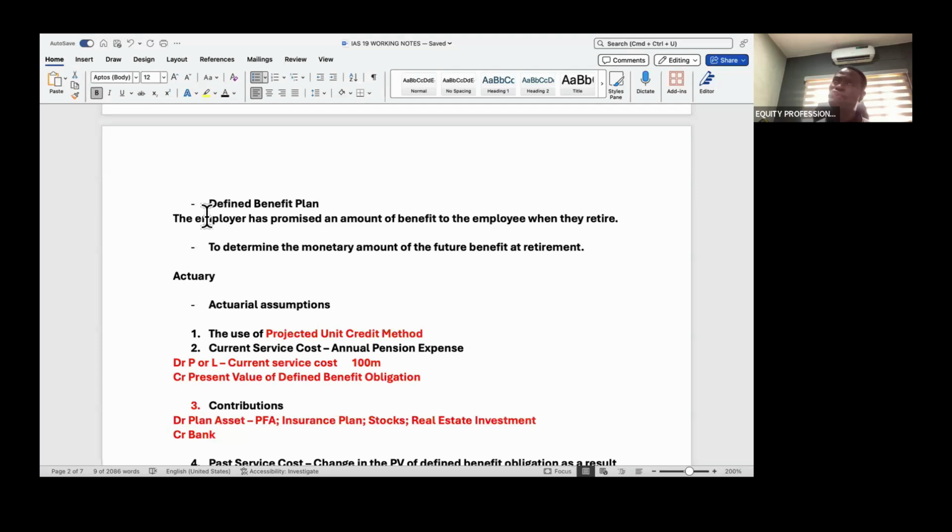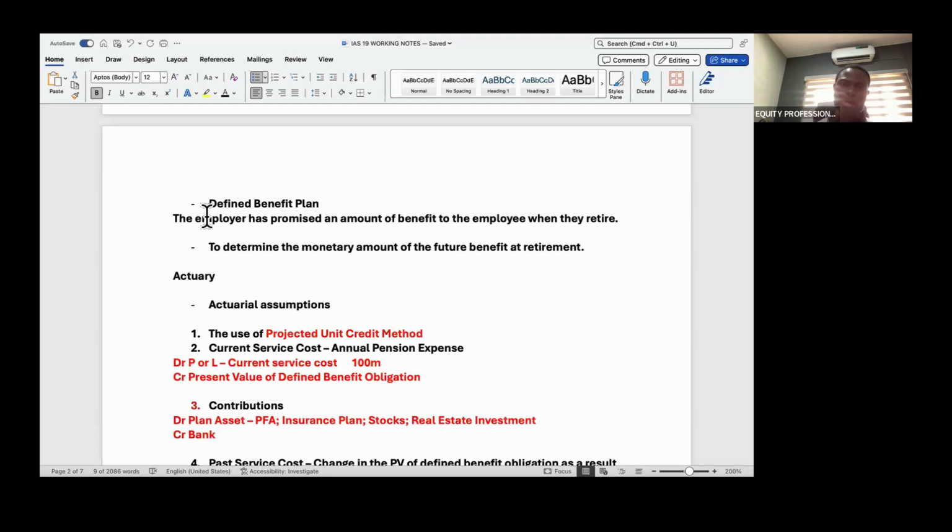And when you know how much the benefit will be, you also need to calculate how much we are supposed to be contributing every month or every quarter, however it is. Nigerian law requires that we do the contribution every month. So how much are we going to be contributing? Yes, we know that the Pension Reform Act says 10 and 8, 18% in total, but that might not be enough.